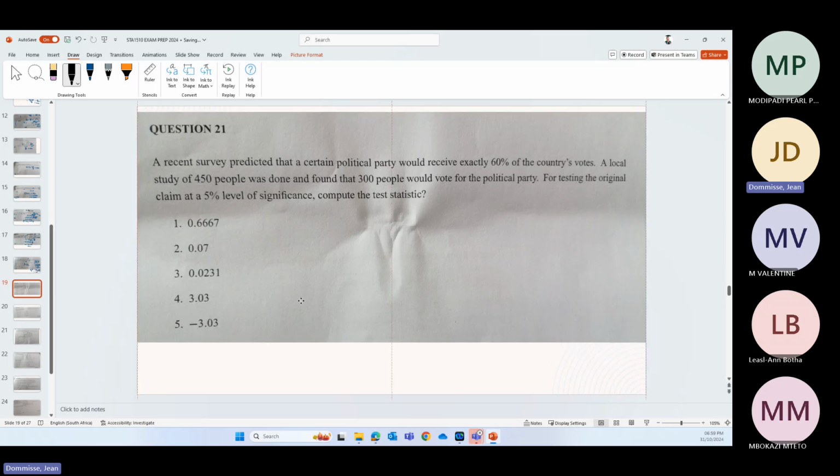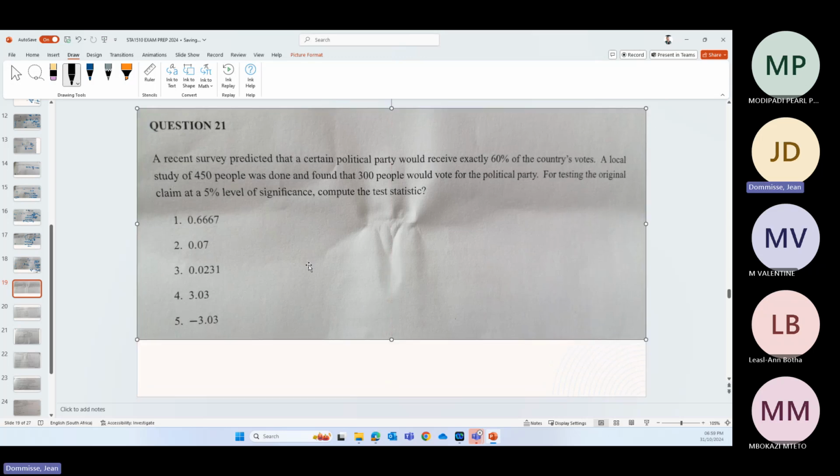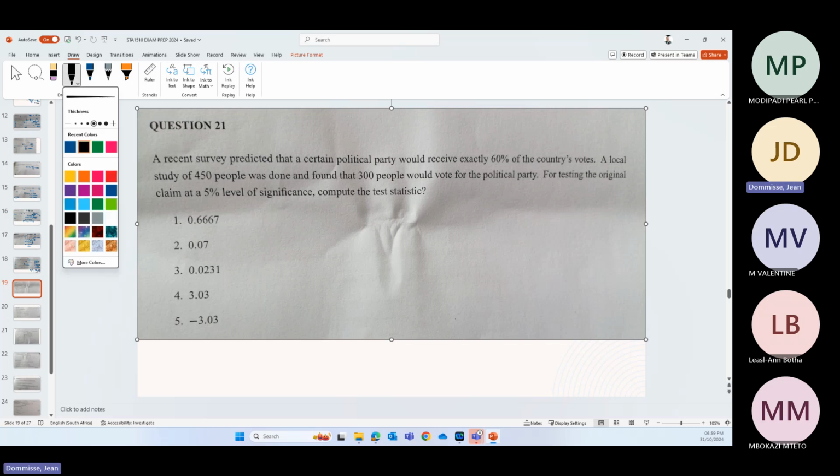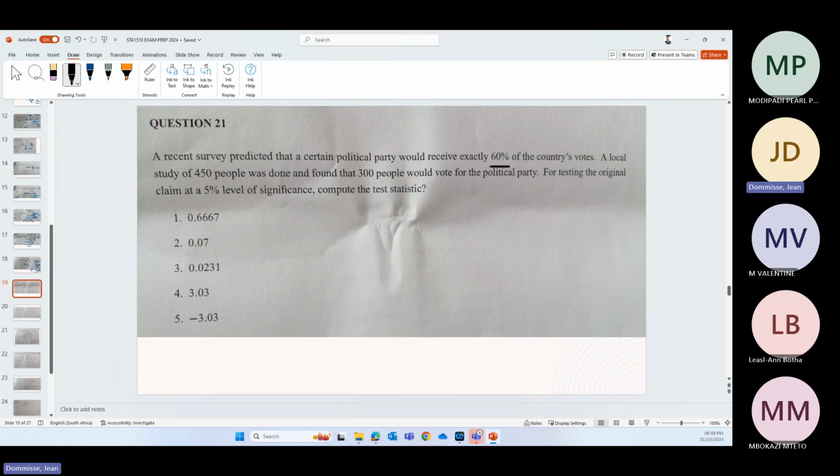Okay, so let's see. This one looks at a recent survey predicted that a certain political party would receive exactly 60% of a country's vote. A local survey of 450 people was done and found 300 people would vote for the political party.